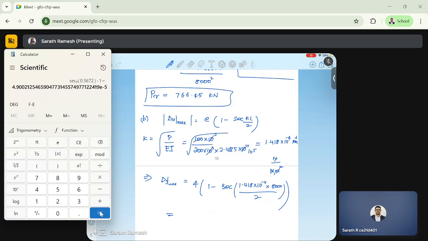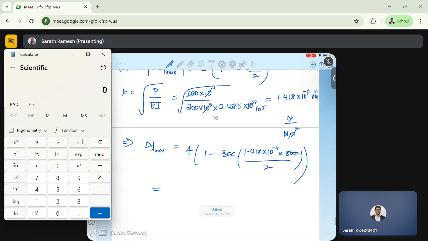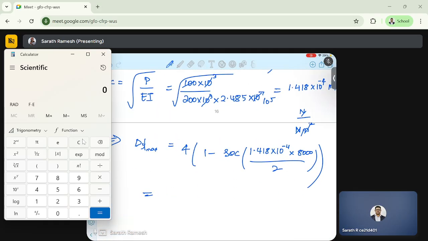I guess it is in degrees. 1.418 into 10 to the power minus 4 into 4000, secant of this, right, minus 1.